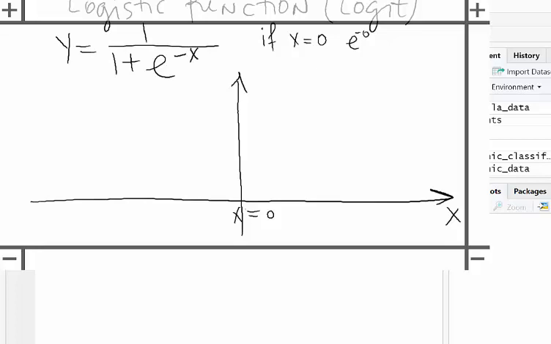It's the same as e to the power plus 0, and that would be 1. So y equals 1 divided by 1 plus 1, which is 0.5. So this is my 1, and this is 0.5, right here. So I know that my logistic function will go through this point.